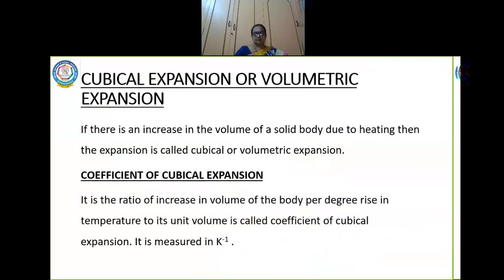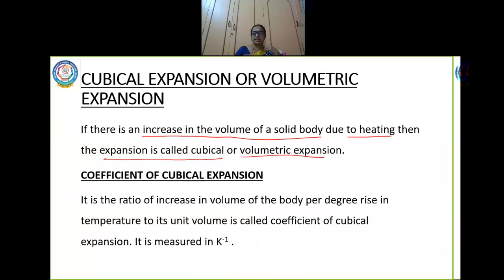Okay. Next, cubical expansion or volumetric expansion, in the sense when there is a change in the volume of the object. If there is an increase in the volume of a solid body due to heating, then the expansion is called cubical or volumetric expansion.